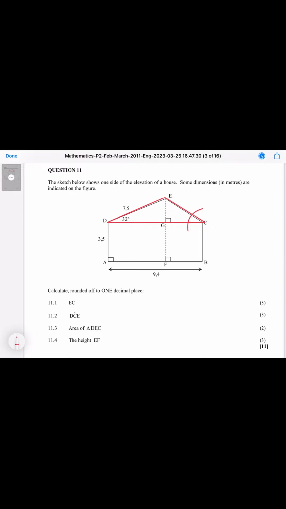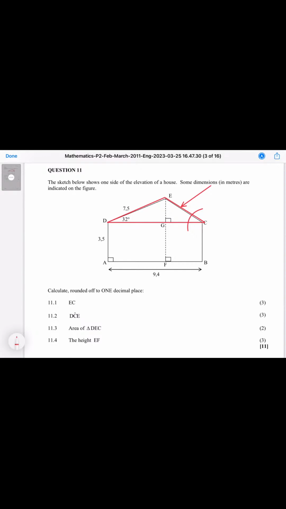So remember, guys, at this point in time, you do know what that length is because you calculated it in the previous question.